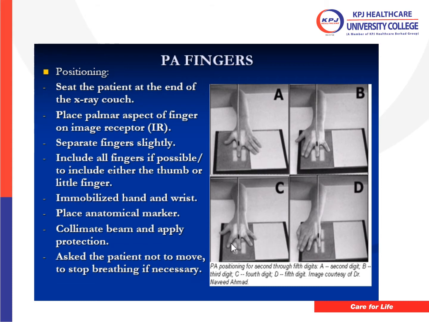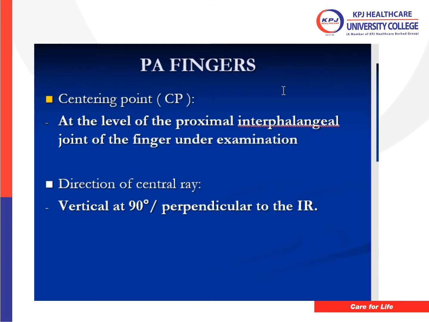For example, you want to project the middle finger, so you have to include at least the second and fourth finger. This is just suggested, and this is the splitting technique that we use so that you can project PA and lateral together in one imaging plate.